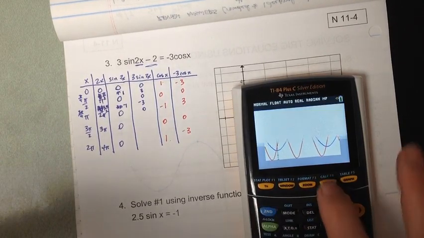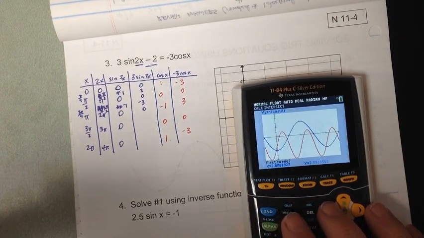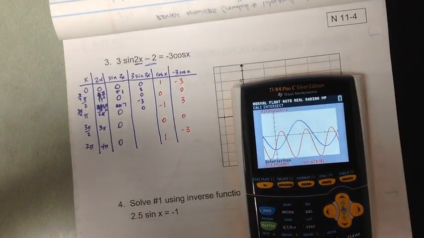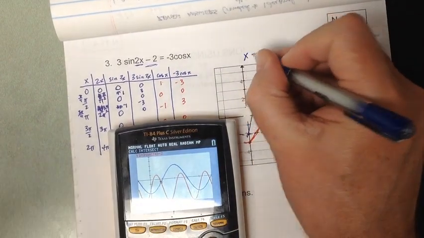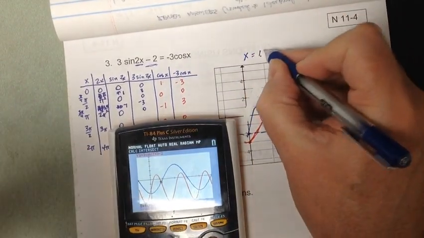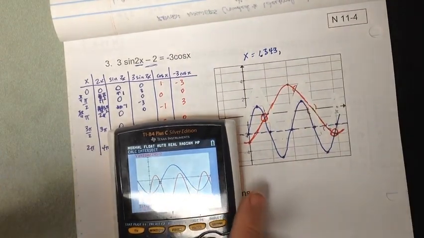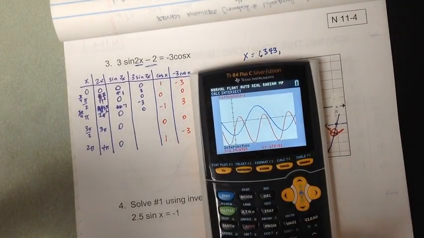So, second trace number 5. I'll get close to this point, hit enter 3 times, and I'm getting 1.343. Okay, just shy of pi halves.